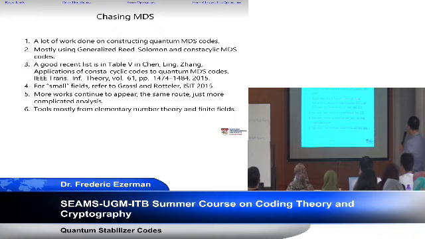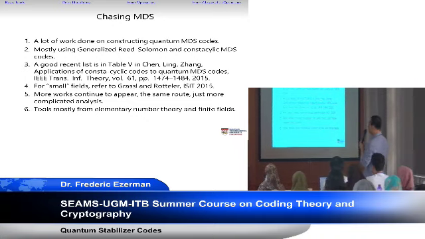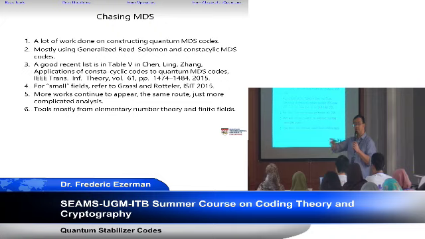Okay, and this is I think the professor of Bocong. So you see table 5, you see a whole lot of parameters of the things that have been done from certain constacyclic codes. But for small fields, Grassl and Rötteler have this ISIT 2015 paper where they really present the complete map of what is known.